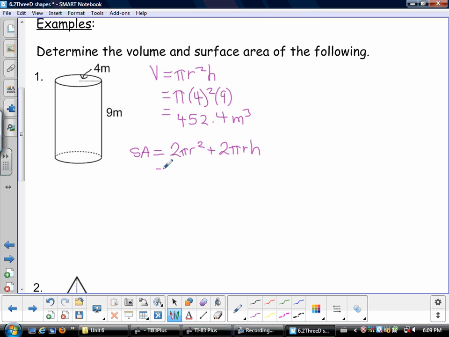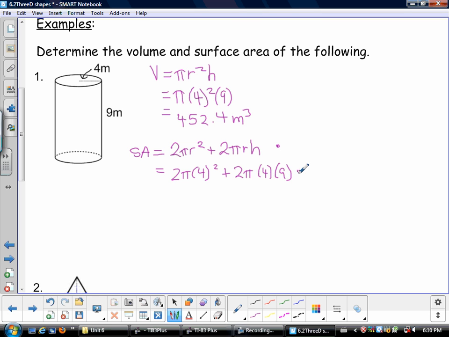So again, it's a matter of substituting in our information that we know and then actually calculating. Now, if you have a really good calculator, you could probably get away with typing this whole line that I'm writing down into your calculator, which is fine, but you would have to show me the formula. You have to show me this.